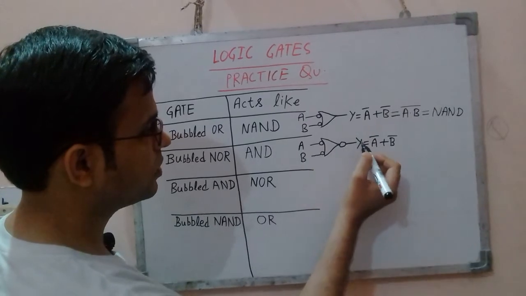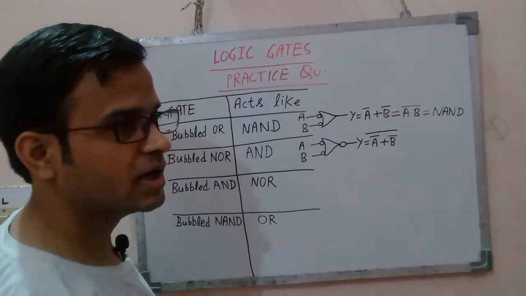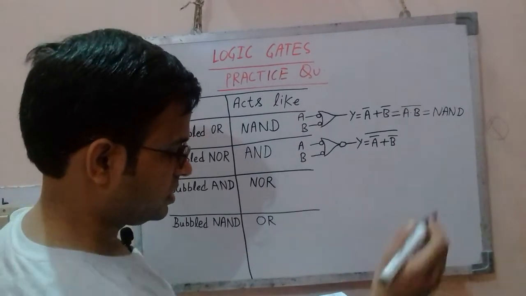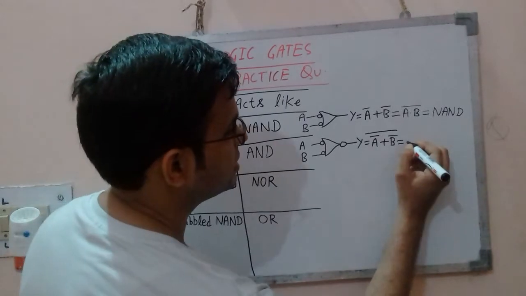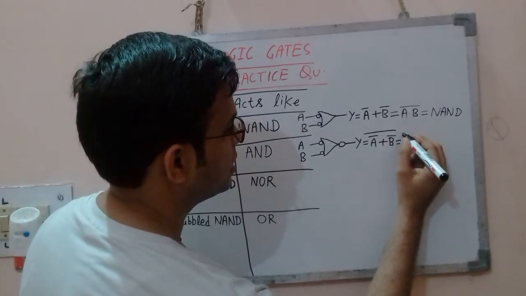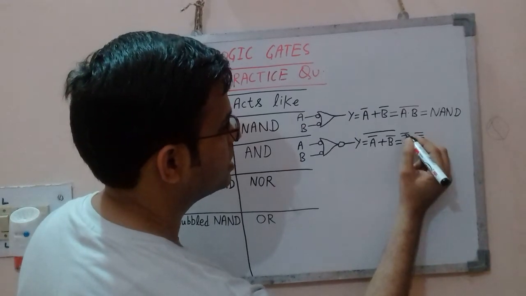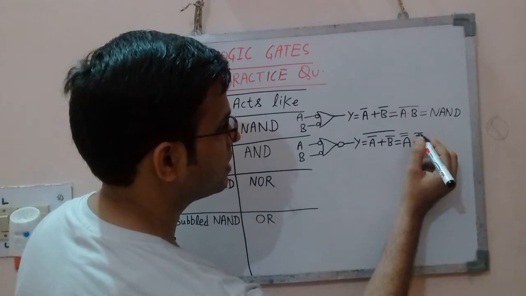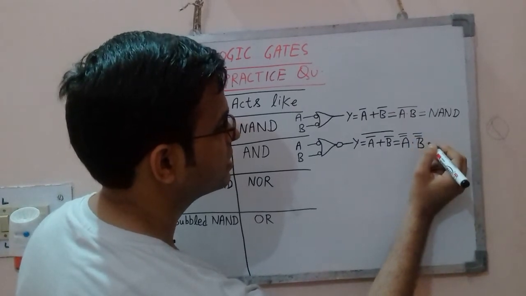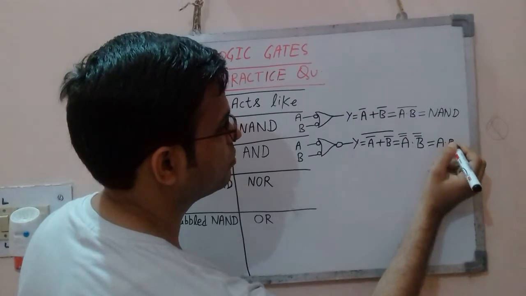Now NOR gate output is A bar plus B bar whole bar, right? So that means again apply De Morgan's theorem, break the line and change the sign. That means here you will get A double bar dot B double bar. This bar gets cancelled with this another bar. Similarly, this bar gets cancelled with this bar. That means your output will be equal to A dot B, A into B, right?